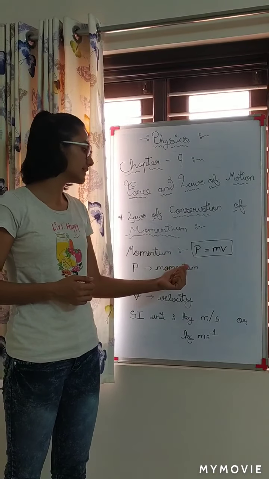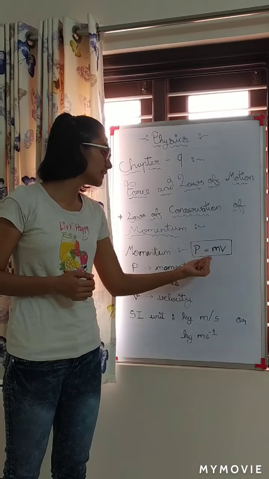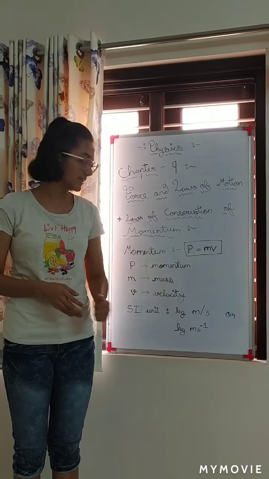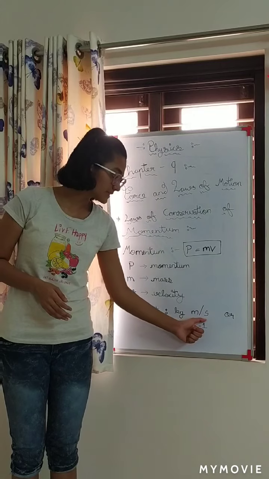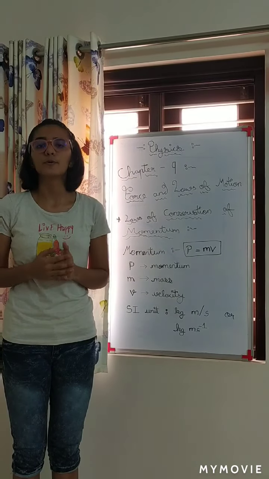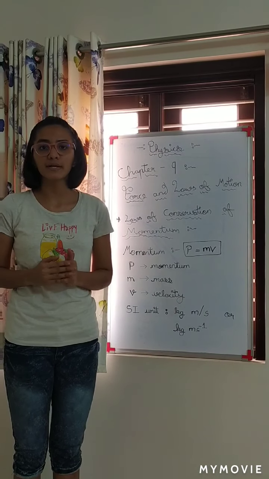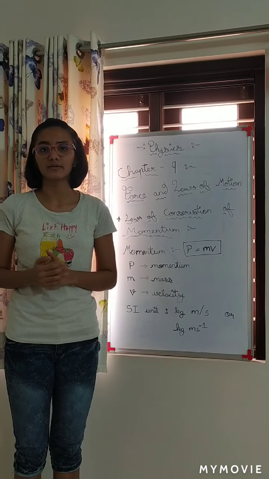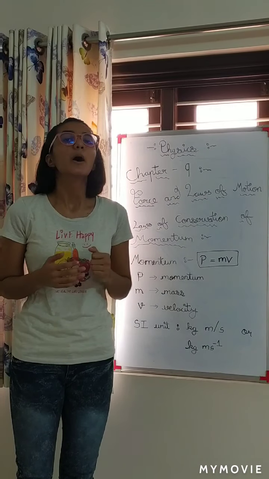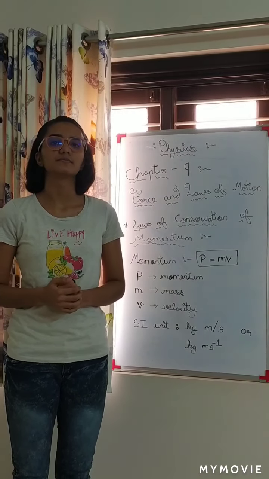So it is represented as p = mv. The SI unit of momentum is kg·m/s, and the CGS unit of momentum is g·cm/s. Momentum of an object is directly proportional to mass and velocity.